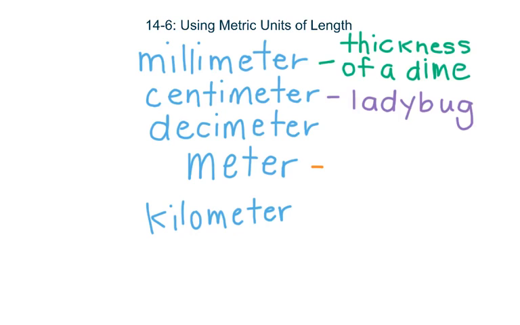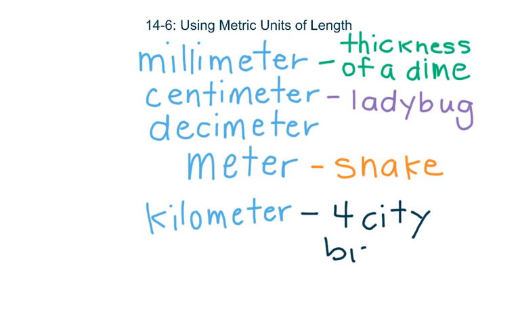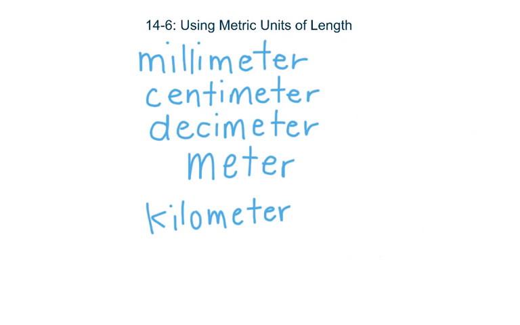To help you imagine the length of a meter, you might imagine the size of a medium snake. And last but not least, a kilometer is about the same as 4 city blocks. Remember, as I mentioned before, a lot of these connections are estimates. They're not exactly equal when you're looking to see each of these units in real life.